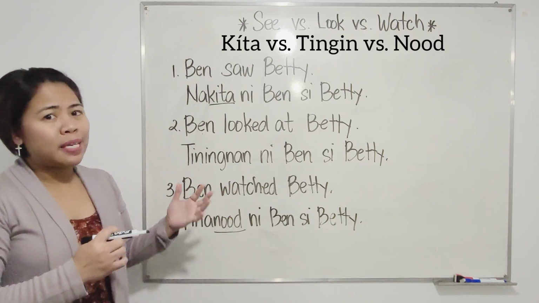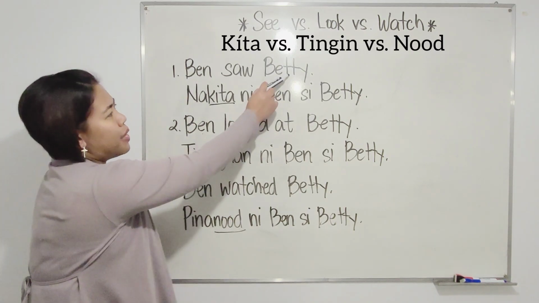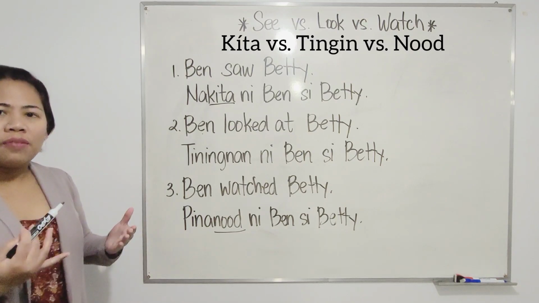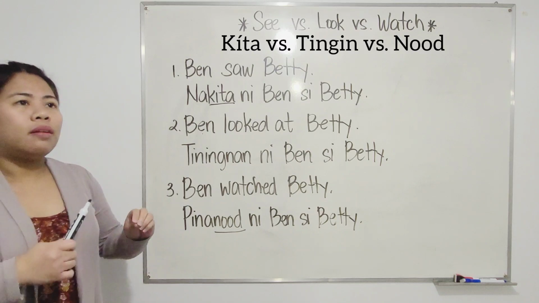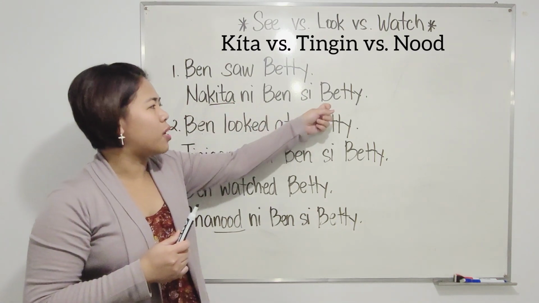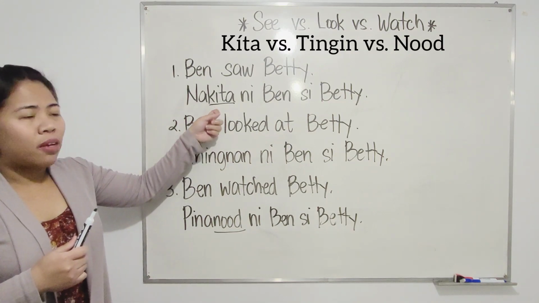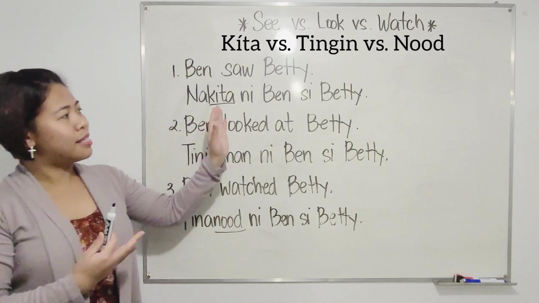It is complicated because in English, your subject is the subject. Betty is the object or the receiver of the action. But as I said in the previous lesson, when our sentences are like this, there is a subject and there is an object. The subject or the doer of the action is not always the focus of the sentence.